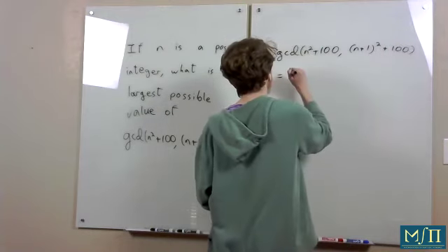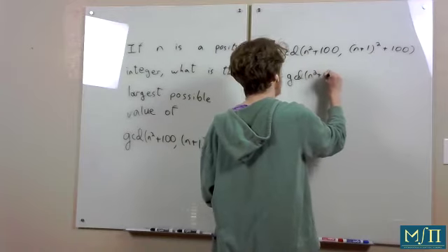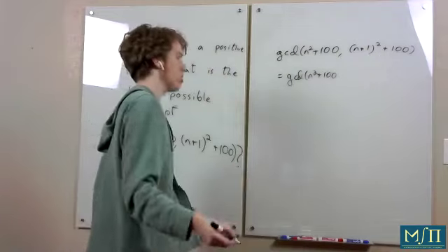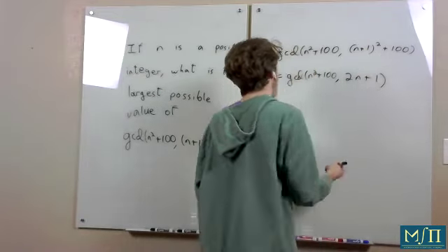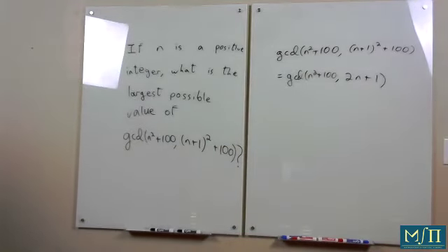It's equal to the GCD of n squared plus 100 and the difference between these two numbers, which is n plus 1 squared minus n squared, so that's 2n plus 1. Now what do we subtract off to make the n squared go away? You want to get rid of the n squared.